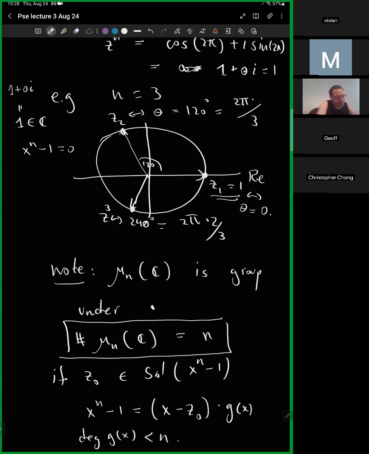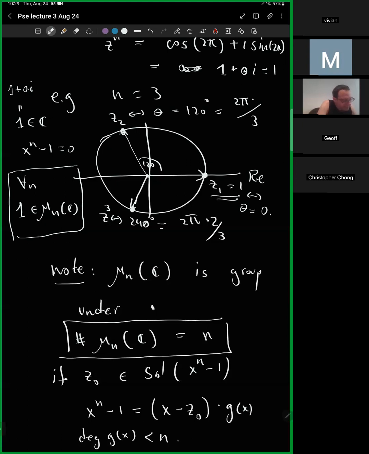Okay, and in fact, Z1 will always be, so 1 is in mu n of C for any n, right? So it's not a special property of n equals 3. For any n, you raise 1 to the nth power, you get 1.